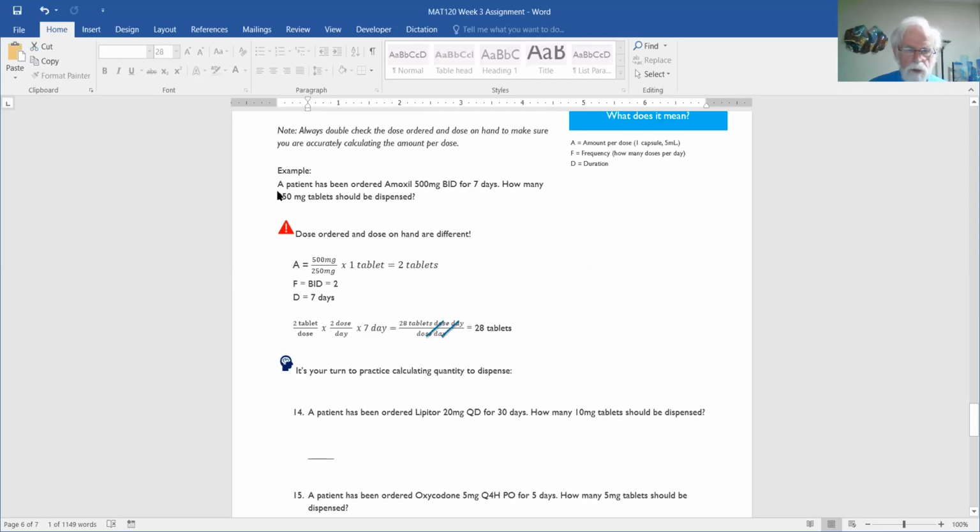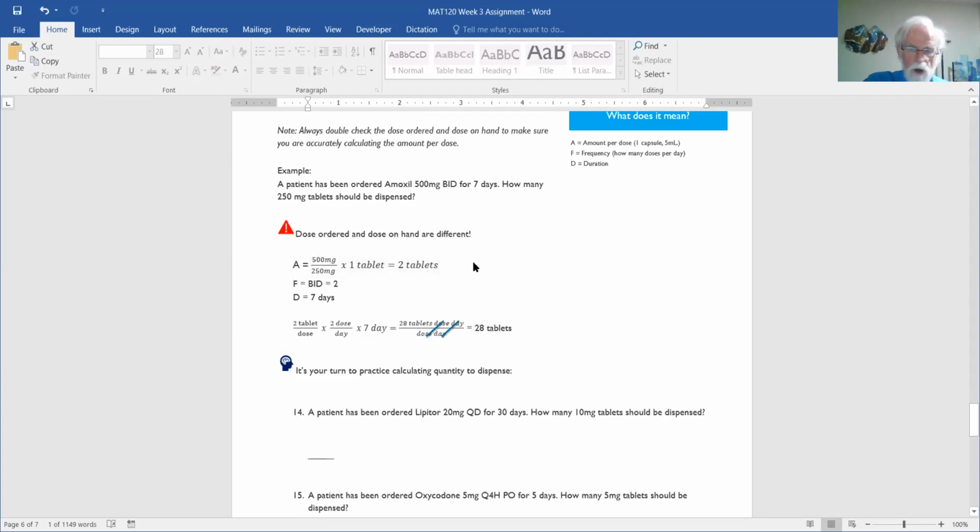So we calculate tablets per dose using the formula we discussed last week: dose prescribed divided by dose on hand times the vehicle. In this case, the dose prescribed is 500, dose on hand is 250, and it's tablets. So we're going to have 2 tablets per dose.